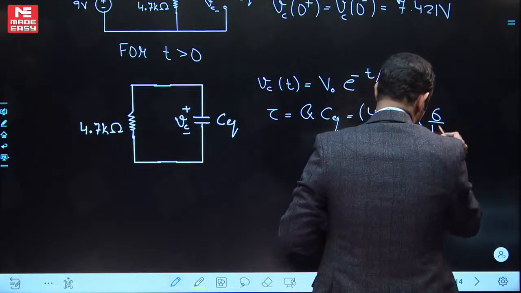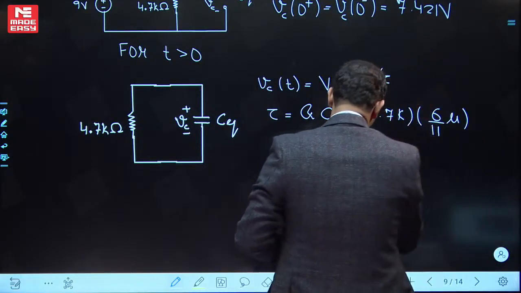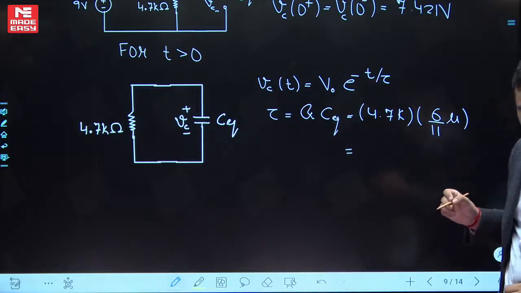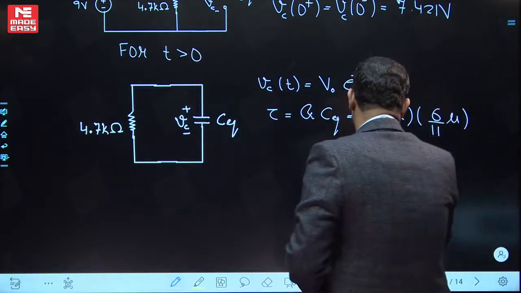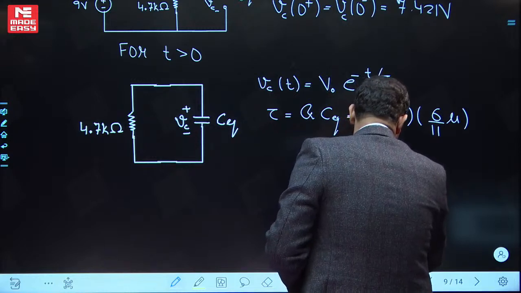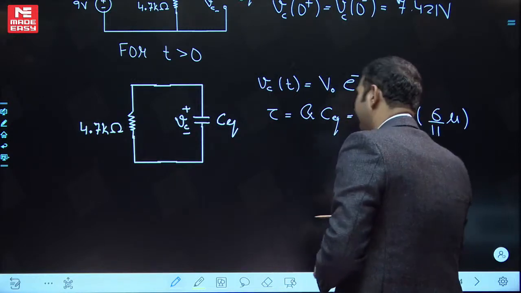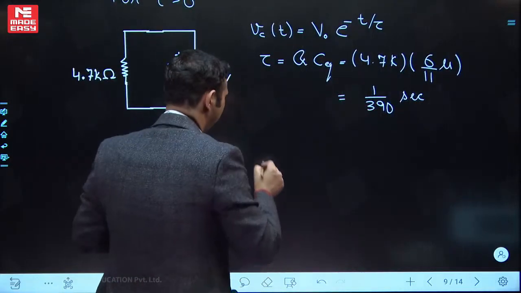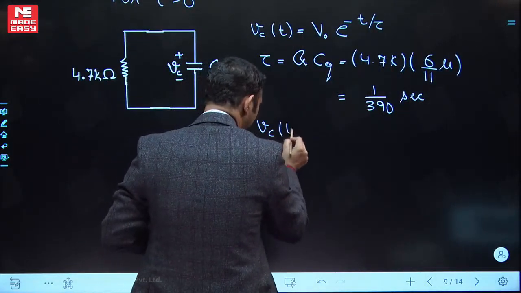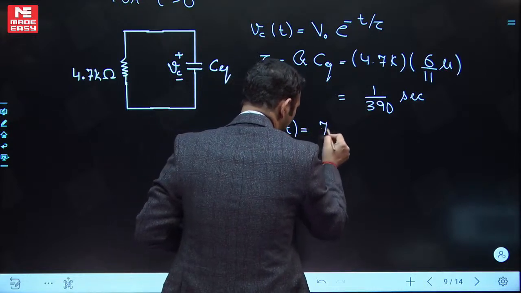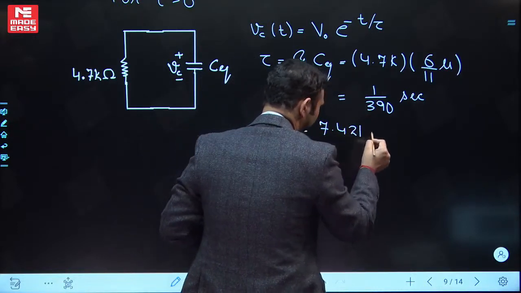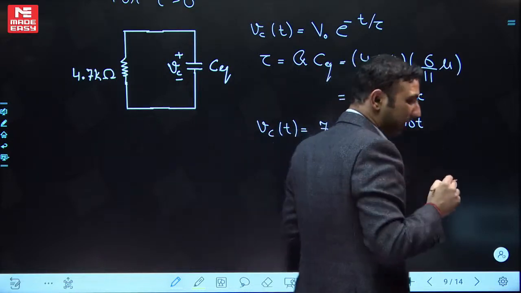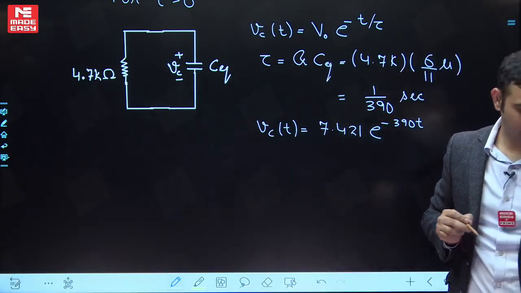So if we solve this, we will get the value as 1 by 390 seconds. So this is the time constant. Let's substitute the whole information in this. So you can see Vc of t will be 7.421 e to the power minus 390 t volts as our answer.